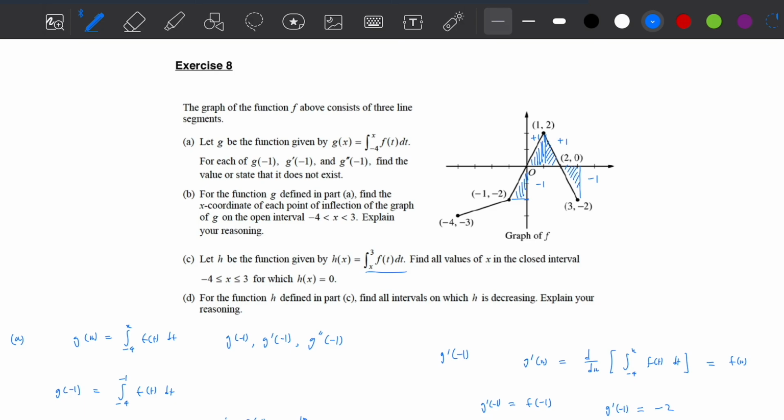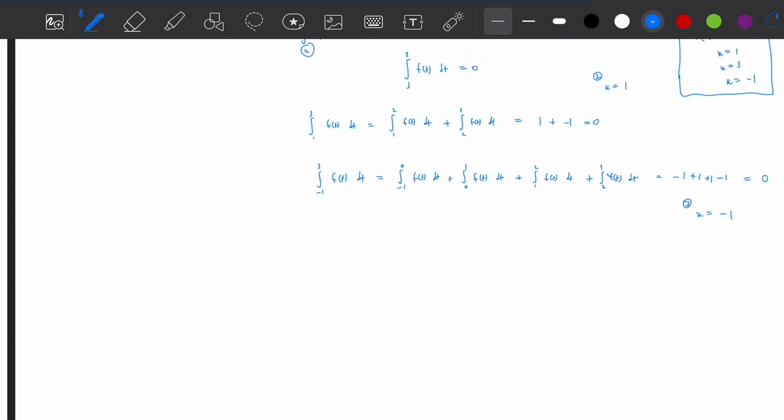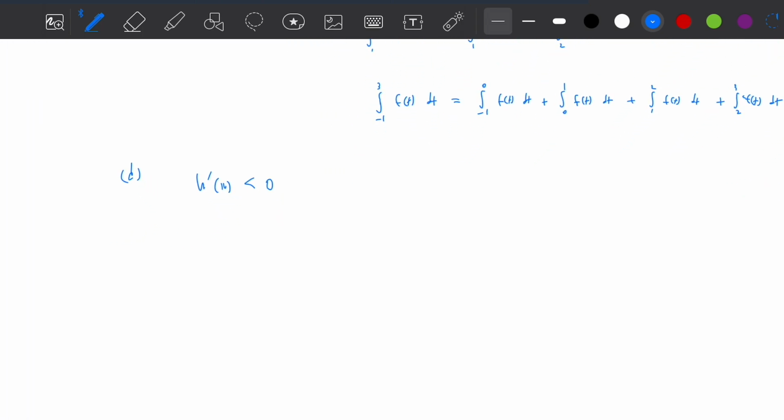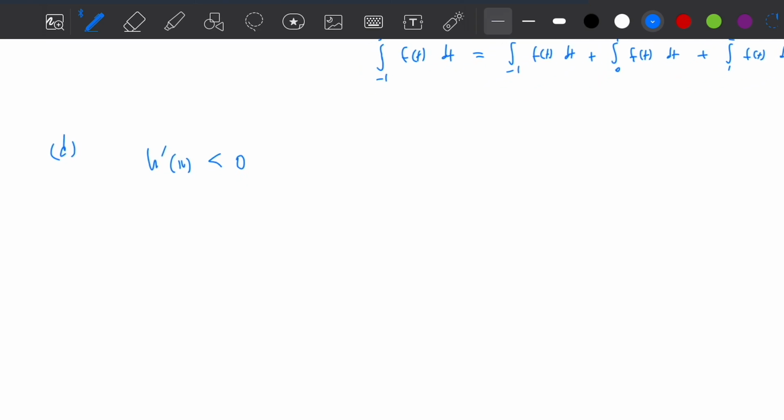Moving on to part D. Part D asks for all intervals on which h is decreasing. A function is decreasing when its first derivative is negative. This can be written as h prime of x is less than 0. And we can find h prime of x using the fundamental theorem of calculus.